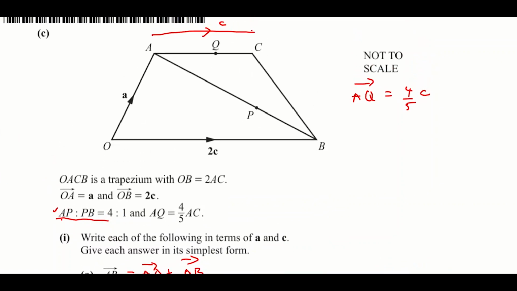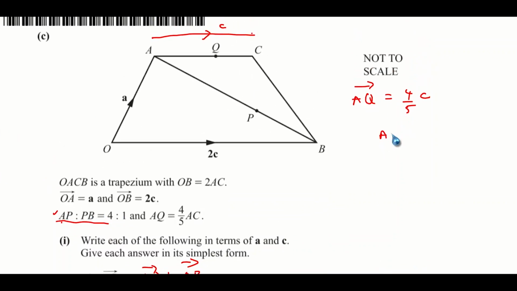So we have the ratio AP to PB to be 4 to 1. Now I can get AP and PB.